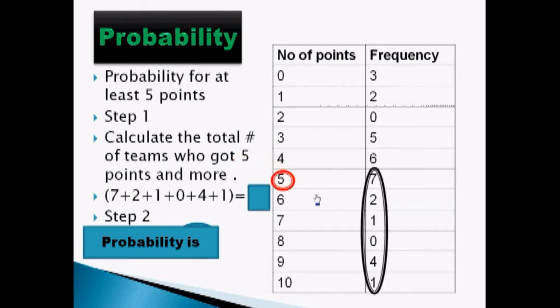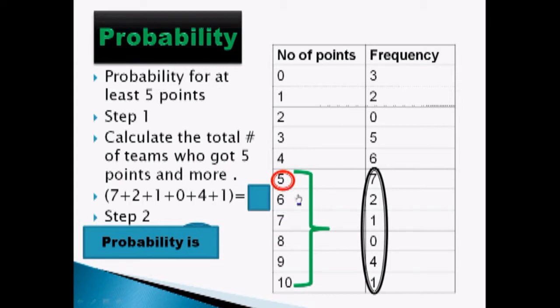And then you identify now the frequency of persons who got 5 points or what? More. So here it is. So these are the points. So 5 is included because it says at least. So when you say at least, the 5 must be a part of it. And then the rest of it now, which could be 5 points or more.